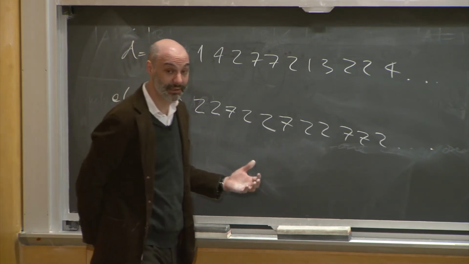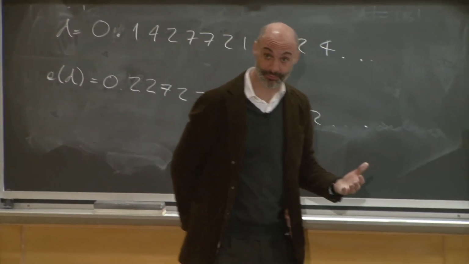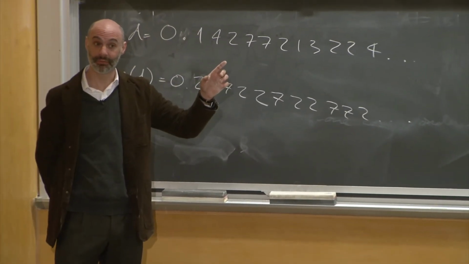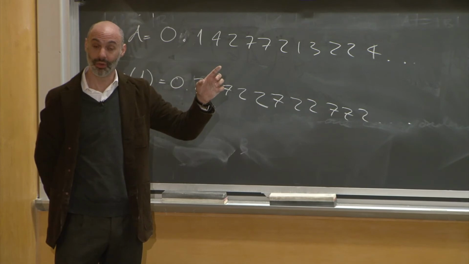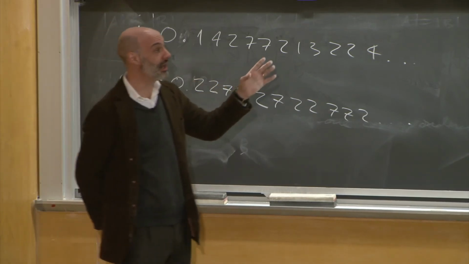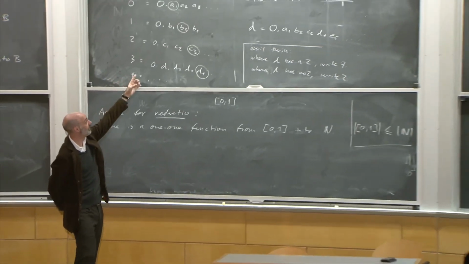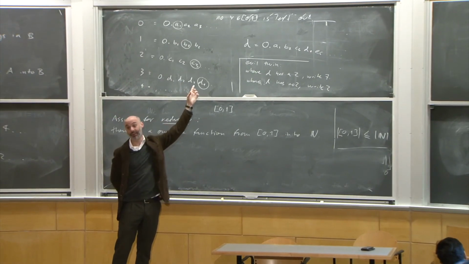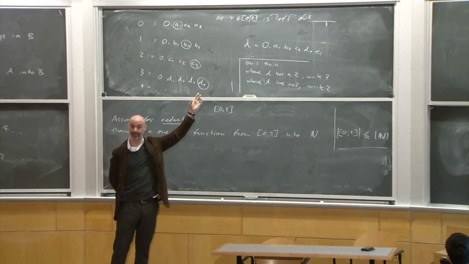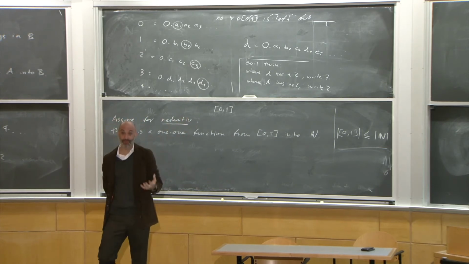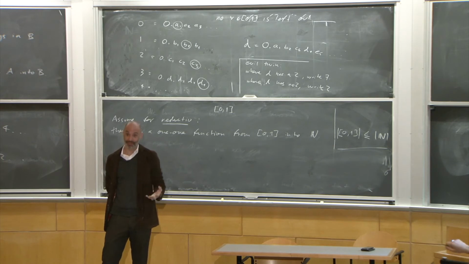So here's what we've done. We found a number, and this number has got to be in the interval 0, 1, which is not on our list. But we had assumed that every real number in the interval was on our list. So we've proved, contrary to our assumption, that that cannot be correct.